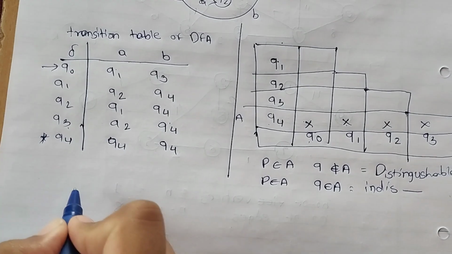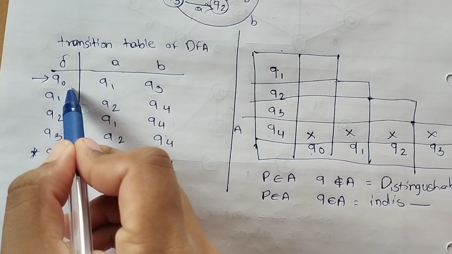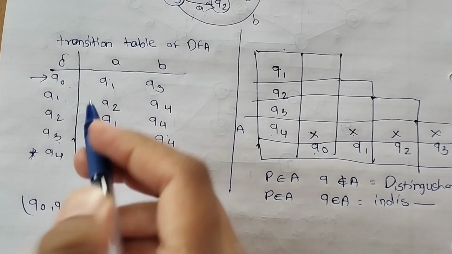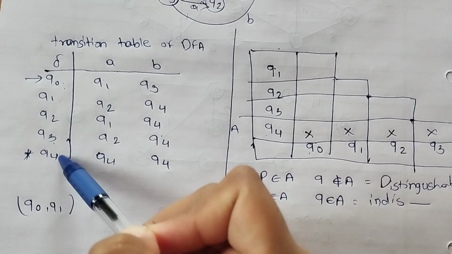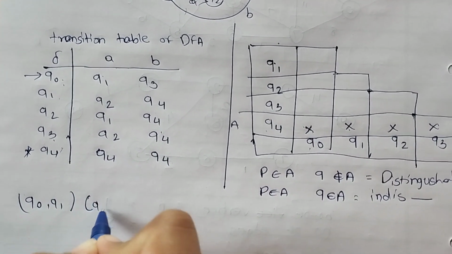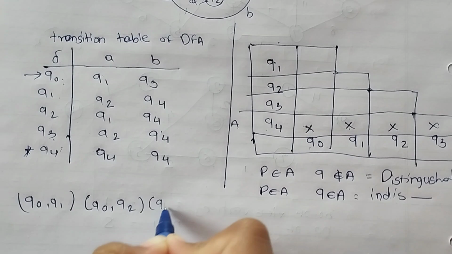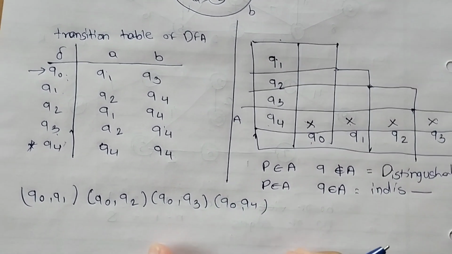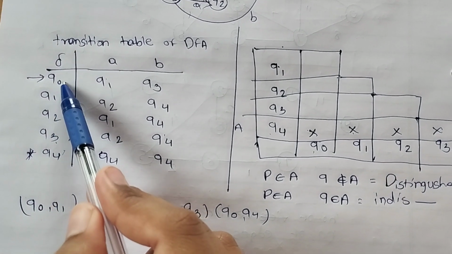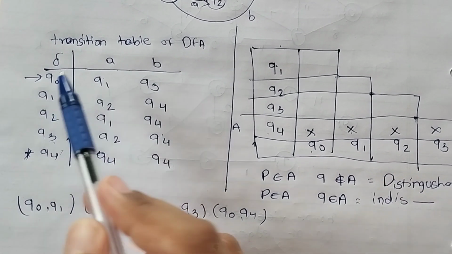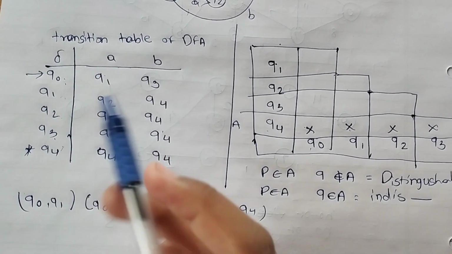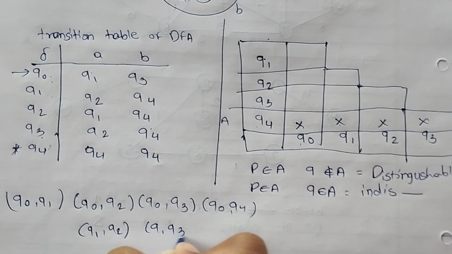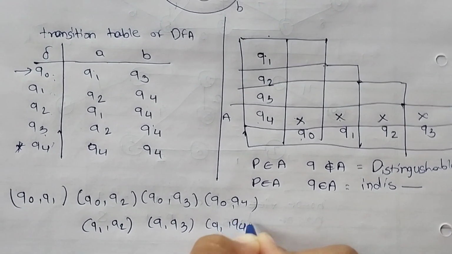Now we write the pairs. How do we write the pairs? First start from Q0 and Q1. So Q0, Q1, then Q0 pairs with all the remaining states: Q0, Q1, Q0, Q2, Q0, Q3, Q0, Q4. Now we start from Q1: Q1, Q2, Q1, Q3, Q1, Q4.